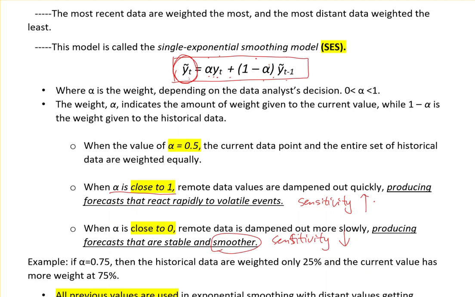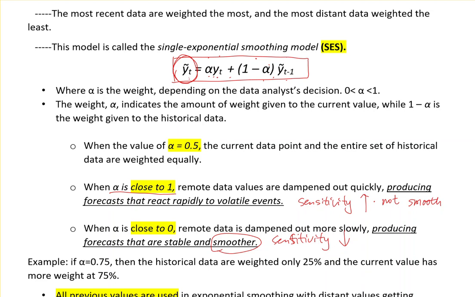All right, so we say if alpha is closer to 1, then it will be very sensitive to the rapid change, but it will not be smooth. But if alpha is closer to 0, that means the current value is not very important.